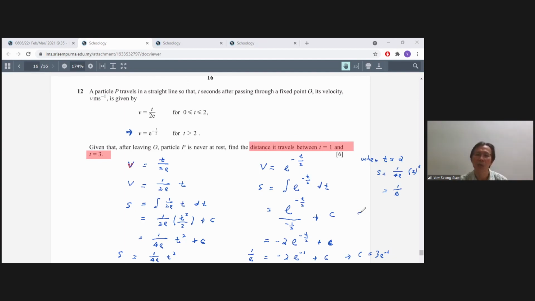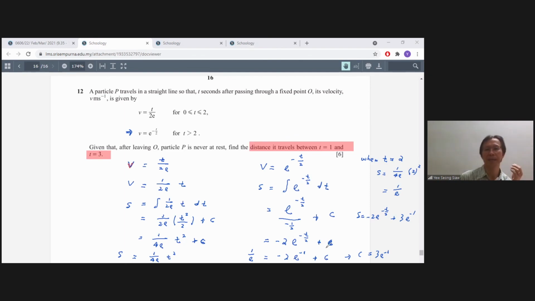Equation number 2 is actually negative 2e to the negative t over 2 plus 3e negative 1. After you get the displacement equation, you substitute the time equal to 3. Sub time equal to 3, and for the first one you sub time equal to 1. Then 3 minus 1, and you find your answer.